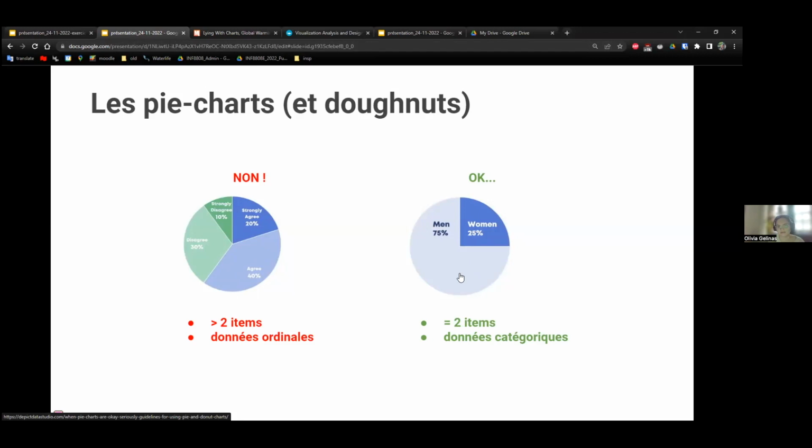Here, it's very easy to compare the two points because we only have two. But as soon as we have more, it becomes more difficult to compare them. If I didn't have the 30% here and the 20% here, it would be very difficult to know to what point this part is darker. So we wouldn't have a very good idea at this point.